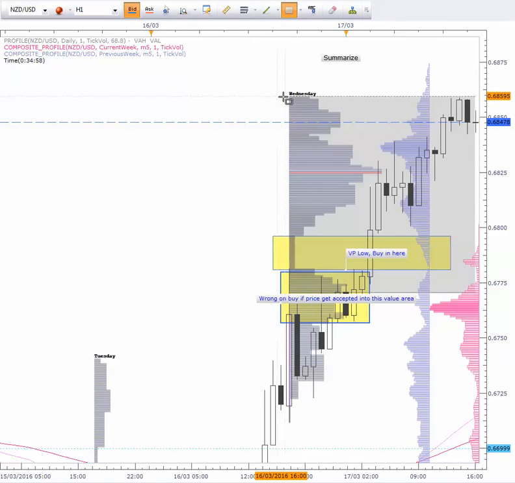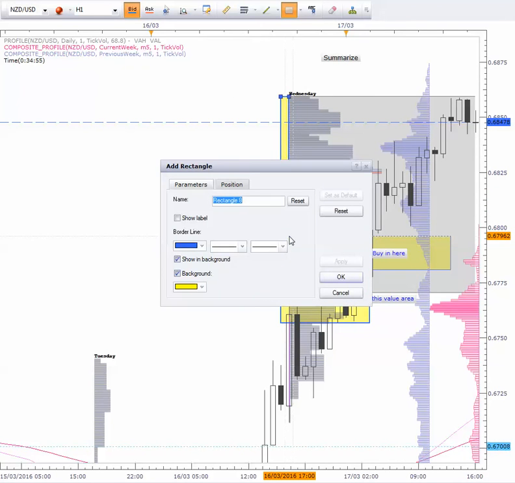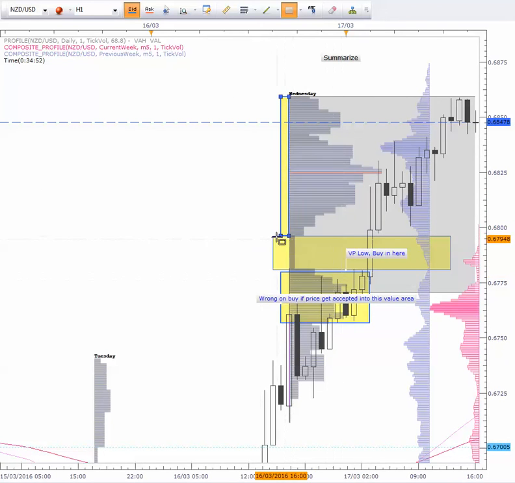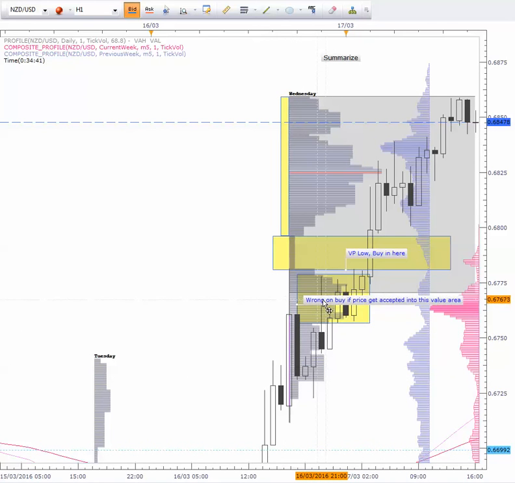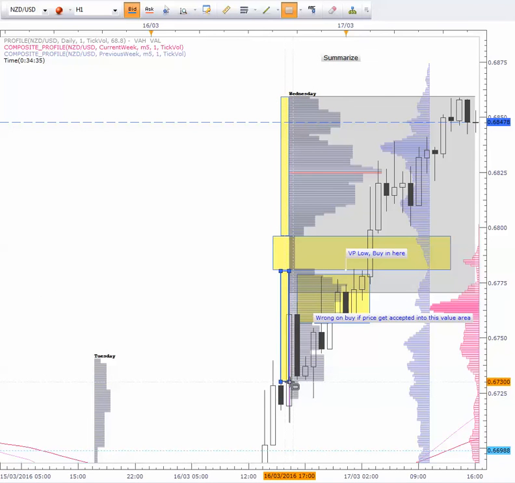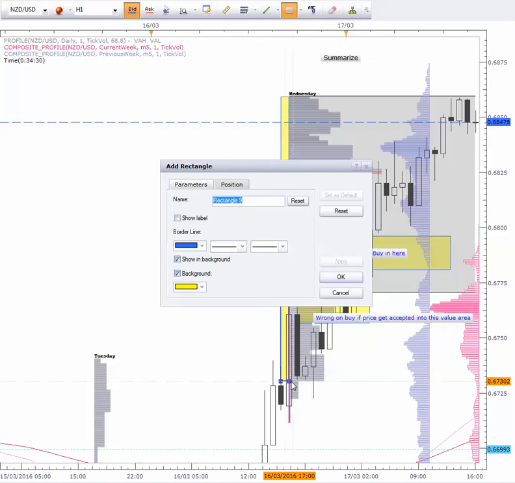And I'm just going to identify this is also a value area. Let's look at this properly. And this is another value area here. Value area 2.